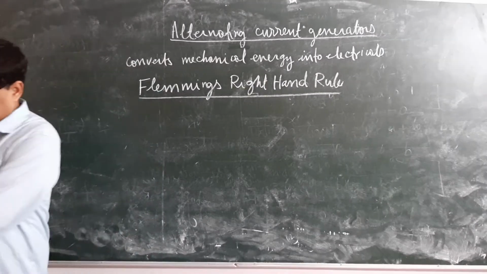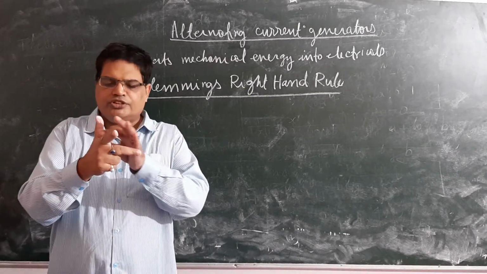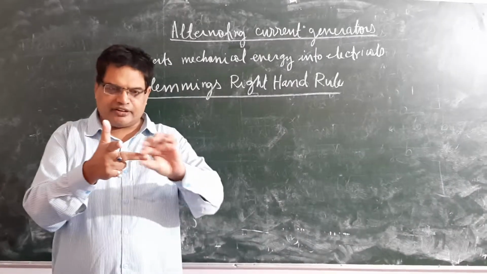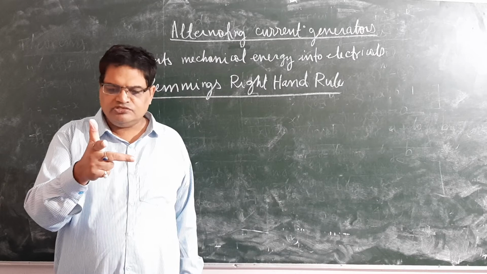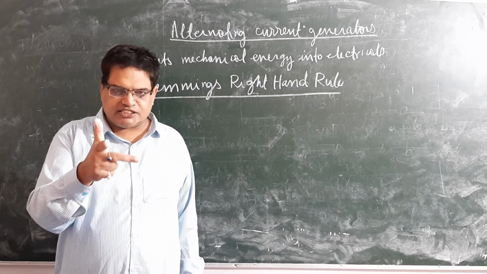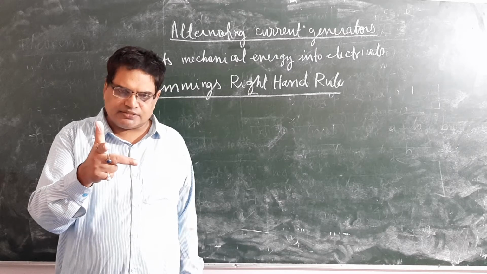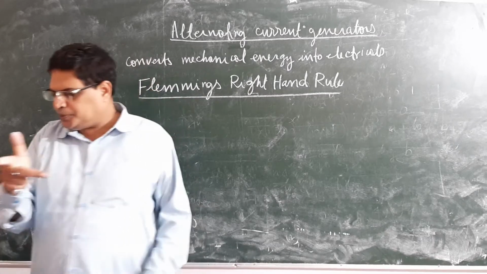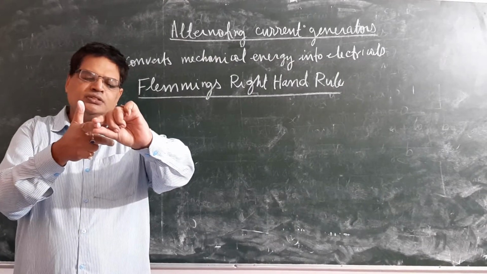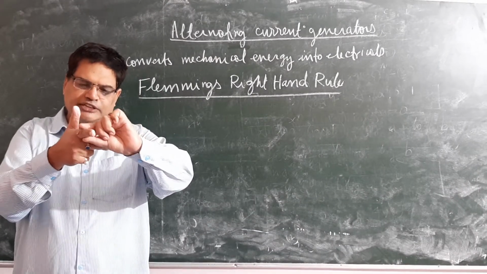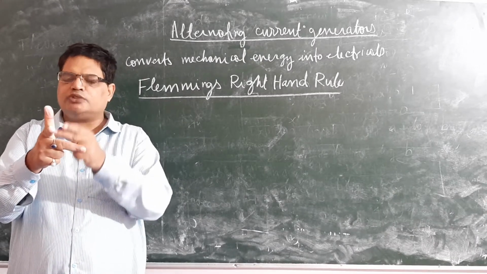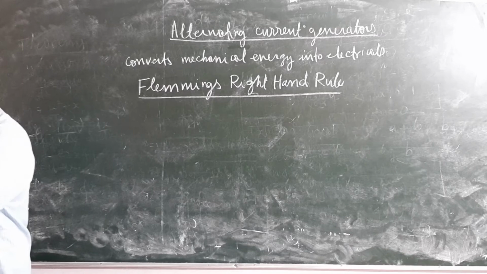Now here, as you see, this is the thumb, this is the forefinger, and this is the middle finger. We stretch these fingers in such a way that they are mutually perpendicular to each other. Now suppose this forefinger points towards the magnetic field B. Then the thumb points towards the motion of the conductor.